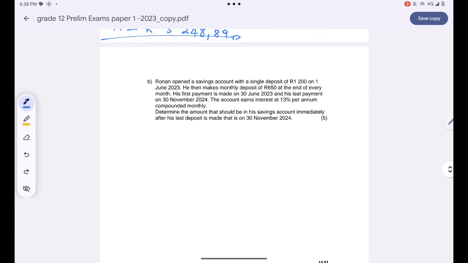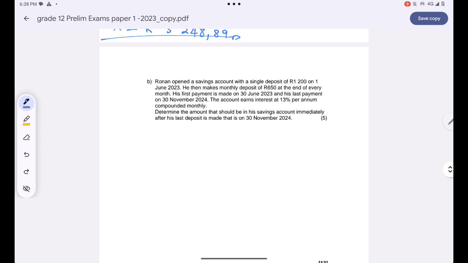Now we are told that Ronan opened a savings account with a single deposit of 1,200 on the 1st of June 2023. He then makes a monthly deposit of 650 at the end of every month.